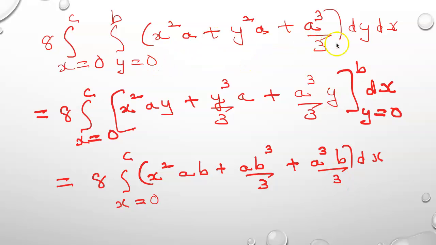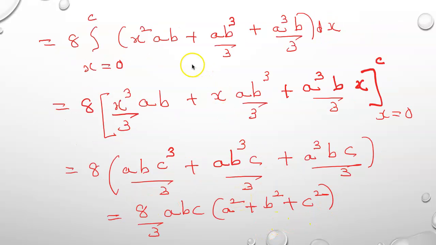Now we are integrating with respect to y. So it is 8 times integral x equal to 0 to c, x squared a y plus a y cubed by 3 plus a cubed by 3 y, within the limits y equal to 0 to b. So substituting for y, we get x squared a b plus a b cubed by 3 plus a cubed b by 3. And now we are integrating with respect to x. We had stopped at this.